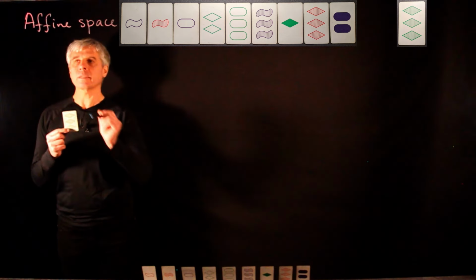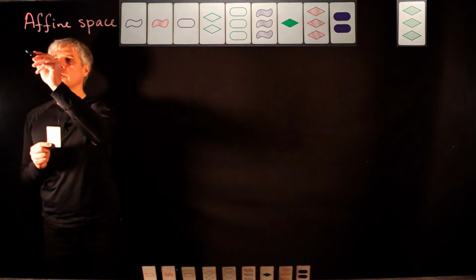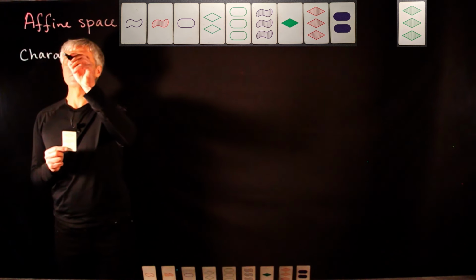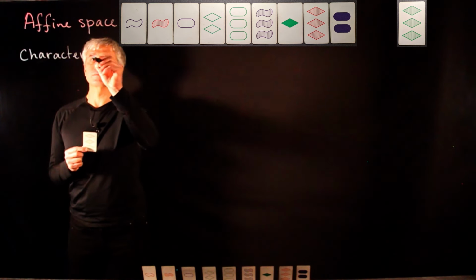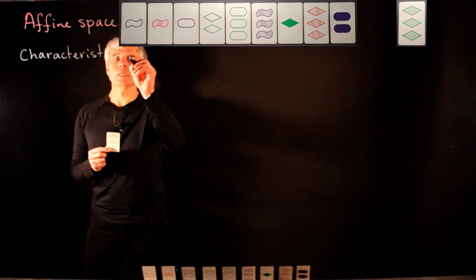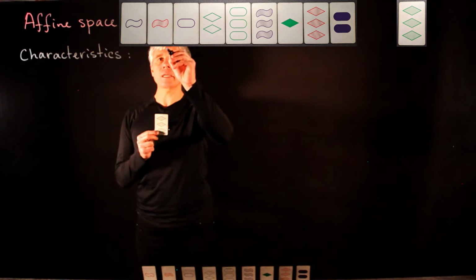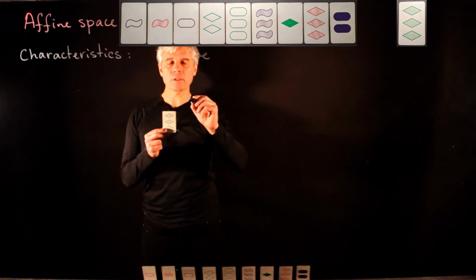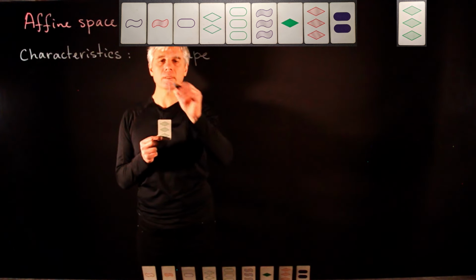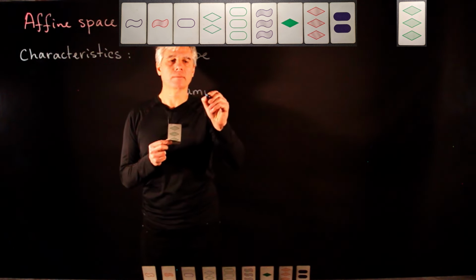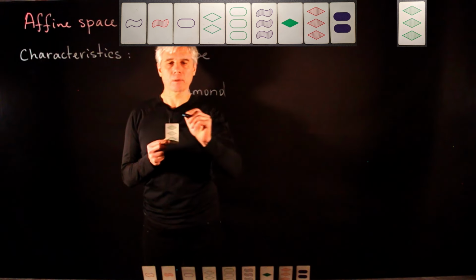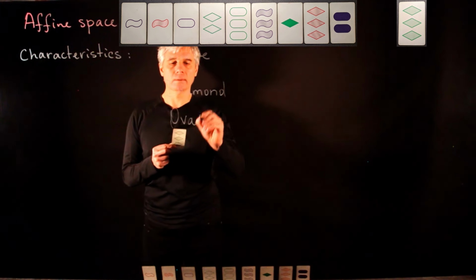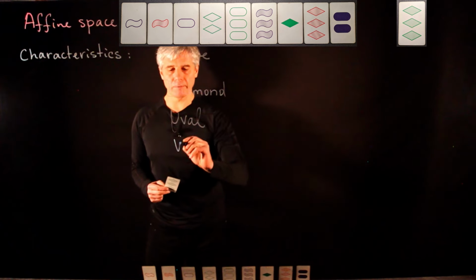Each card in this game has 4 characteristics. So this is shape. And here the shape could be a diamond, could be an oval, or could be a wave.